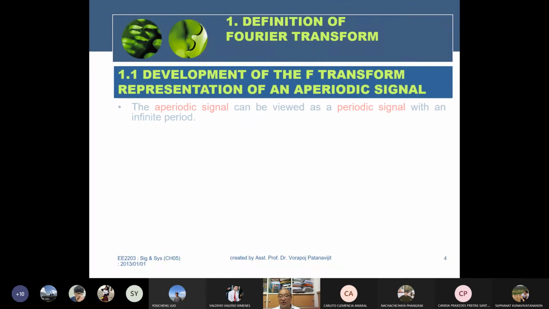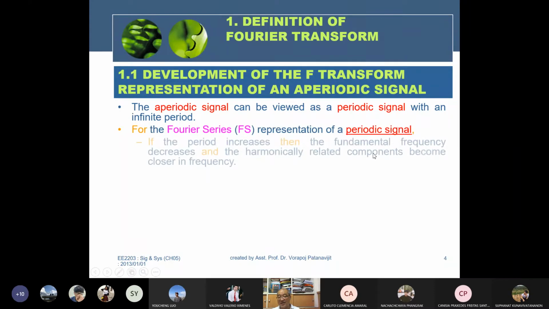We will develop the Fourier transform representation for aperiodic signals from the Fourier series. It means we extend the Fourier series idea so that it can apply to aperiodic signals. How? An aperiodic signal can be treated as a periodic signal with an infinite period. For a periodic signal, the period is finite, maybe 1, maybe 2, maybe 3, and you already determined the Fourier series in the previous exercise.